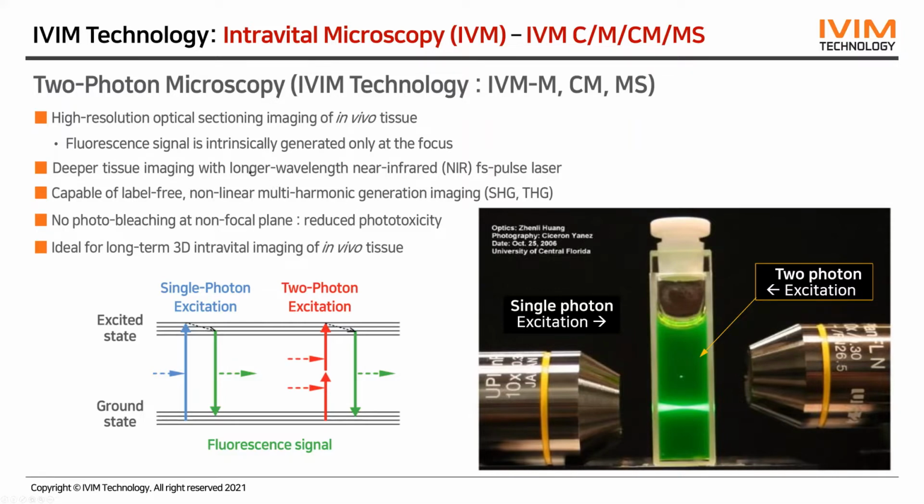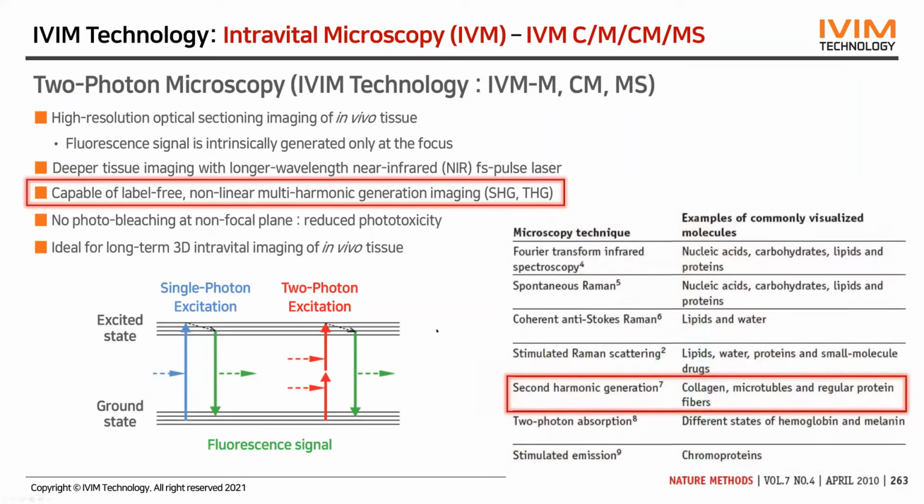By using longer wavelength, near-infrared pulse lasers for two-photon excitation, we can achieve deeper tissue penetration. In addition, two-photon microscopy is capable of label-free nonlinear multi-harmonic generation imaging, such as second harmonic generation and third harmonic generation imaging.